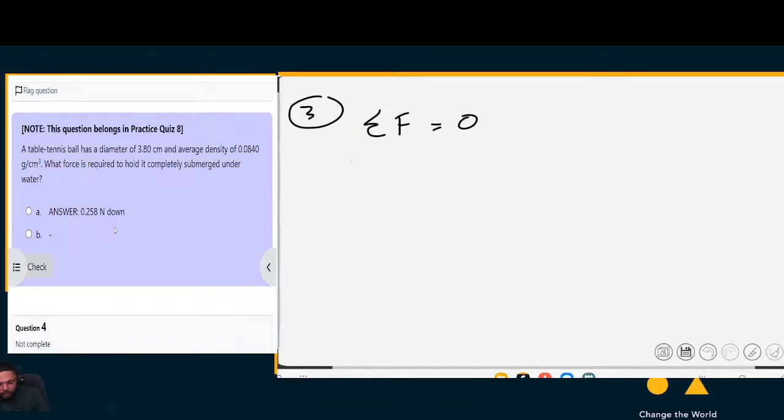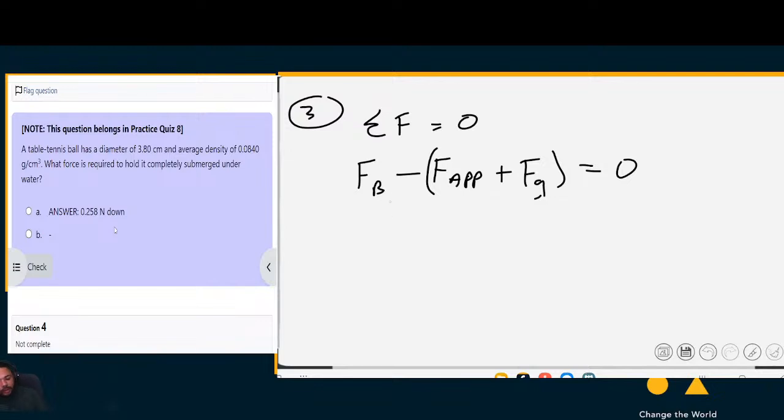That means the buoyant force minus the force you apply plus, there's one force pushing it upward, it's the buoyant force, and then there's two forces pushing it down, it's the force you apply plus the force of this ball's weight. The weight force is not going to be much, but it must still be included.